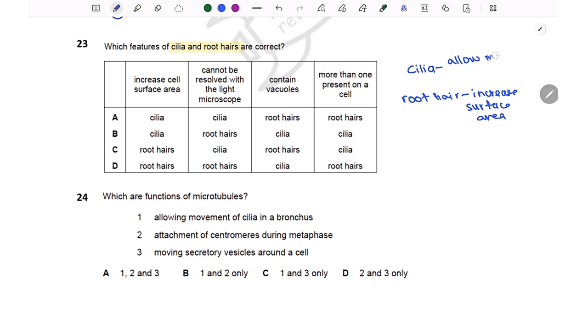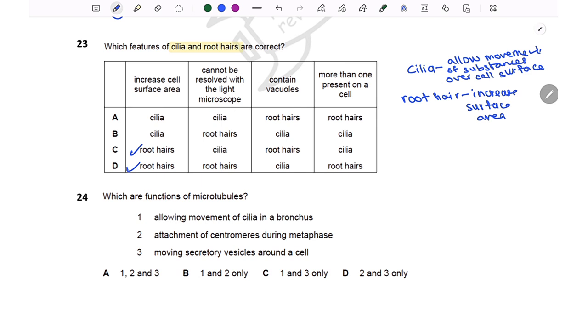Allow movement of substances over cell surface.